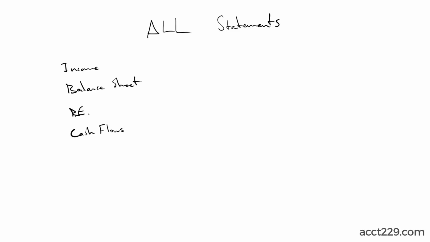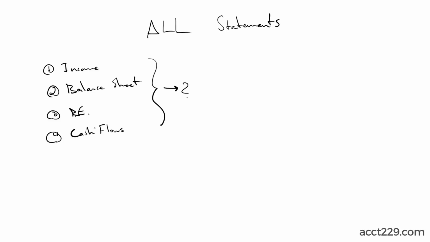So we talked about these four different kinds of statements. Now the real question is, how do all of these go together? We know that they can all be prepared for a single business, and so we're trying to figure out how all of these things work together.